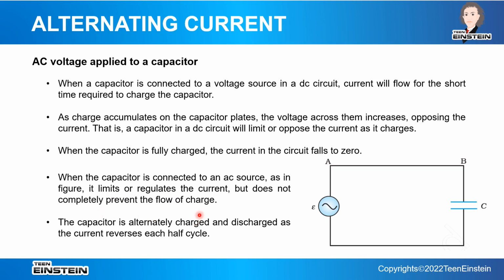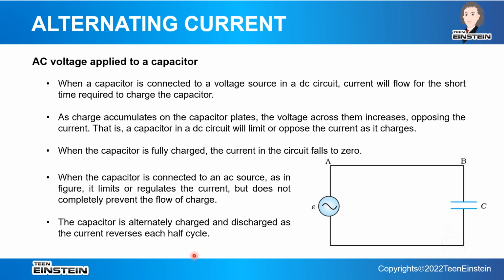We know what an alternating voltage is. It will look like a sine wave, with some positive and some negative half cycles, but it is not constant like DC. The capacitor is alternately charged and discharged as the current reverses each half cycle.